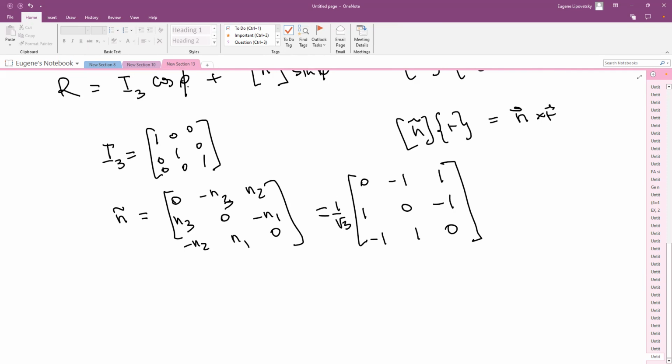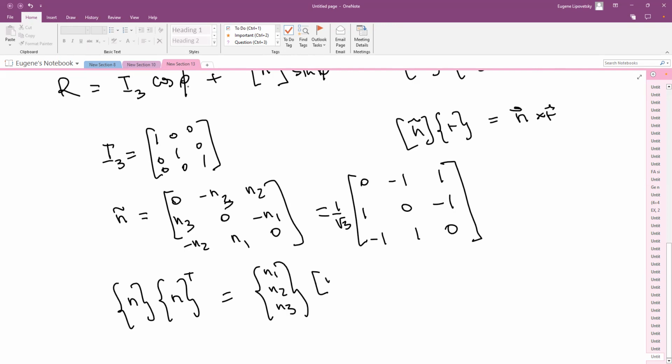Now the n vector times n transpose, which is a row vector, will be n1, n2, n3 multiplied by n1, n2, n3.